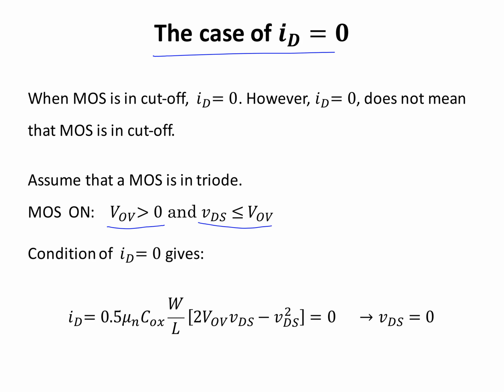I know the ID equation for the MOSFET operating in the triode region. Setting ID equal to 0 is going to result in VDS equal to 0, because the overdrive voltage is greater than 0 and VDS is less than the overdrive voltage.